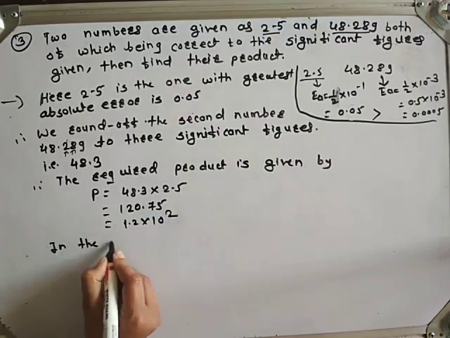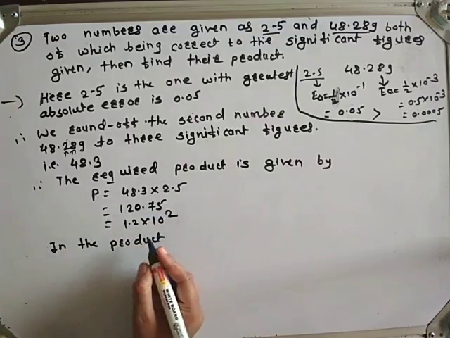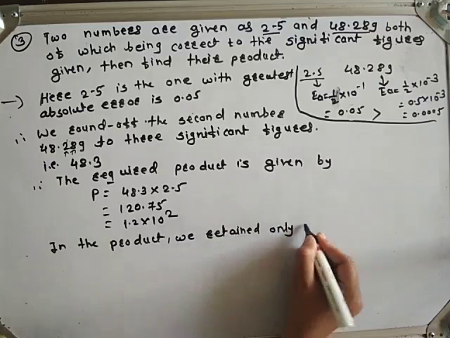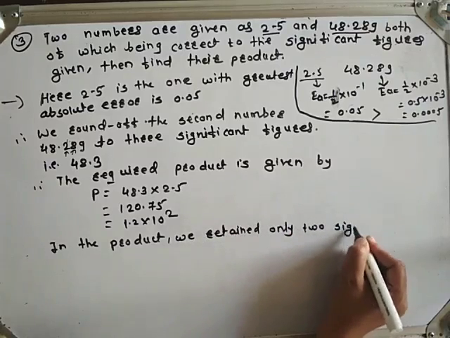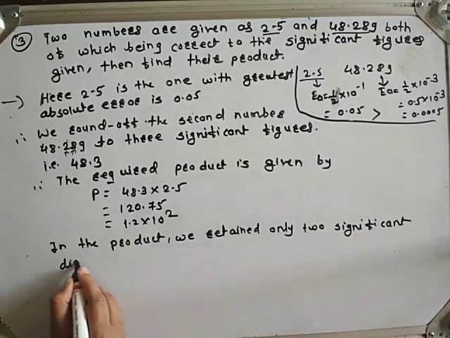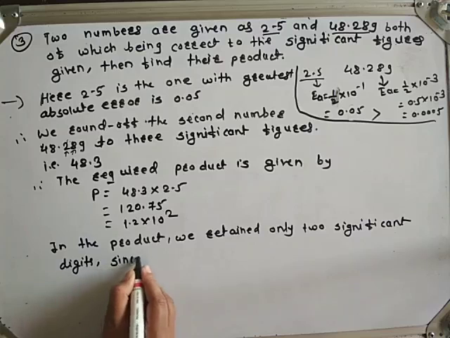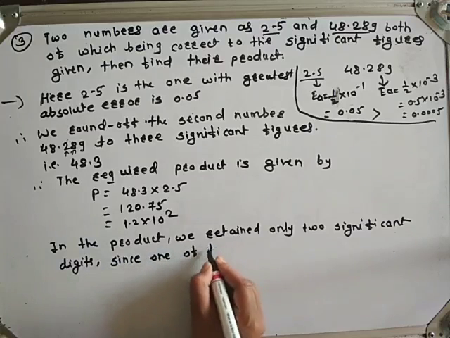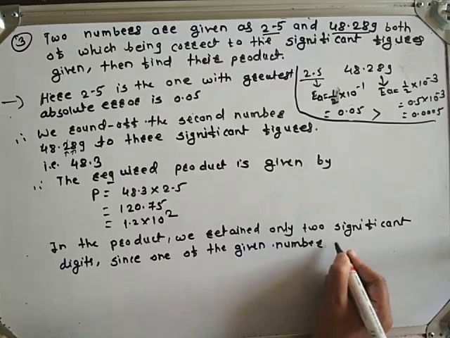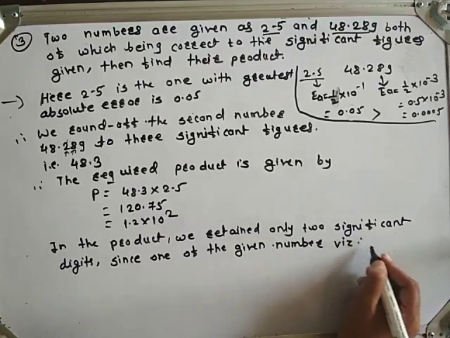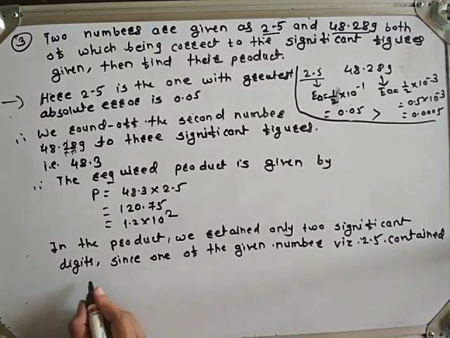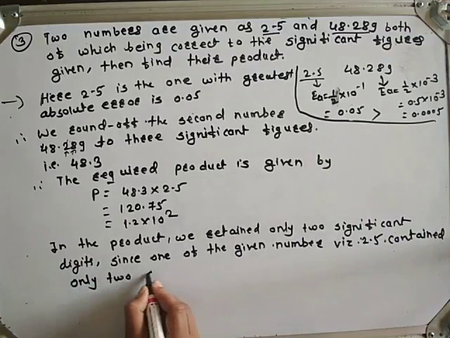In the product, we retain only 2 significant digits since one of the given numbers, 2.5, contains only 2 significant figures.